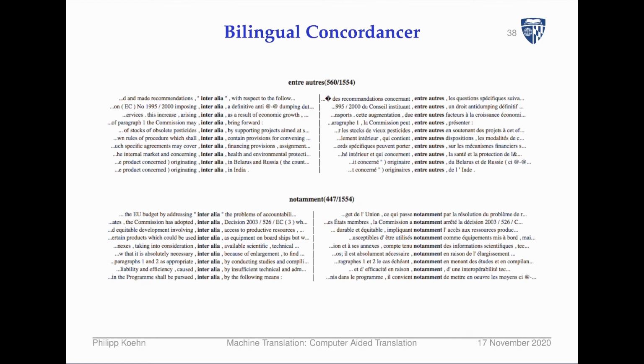We're looking here at the English inter alia, which was apparently translated in two very different ways, with about equal probability into French. This tool retrieves all these sentences where it was translated into entre autres, and here it was translated into non talament. I'm totally mispronouncing this, by the way. Then you can look at these translations and say, oh yeah, I really think this is the better use of the word.